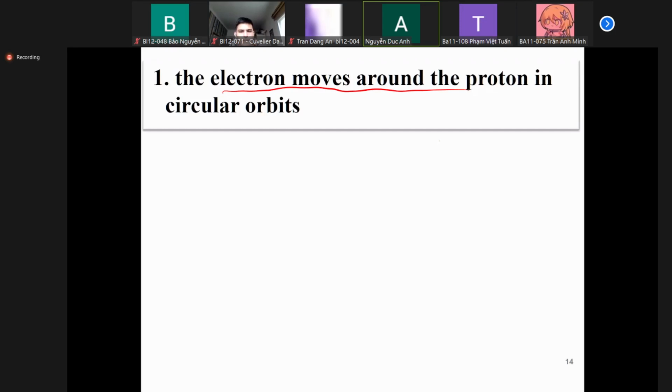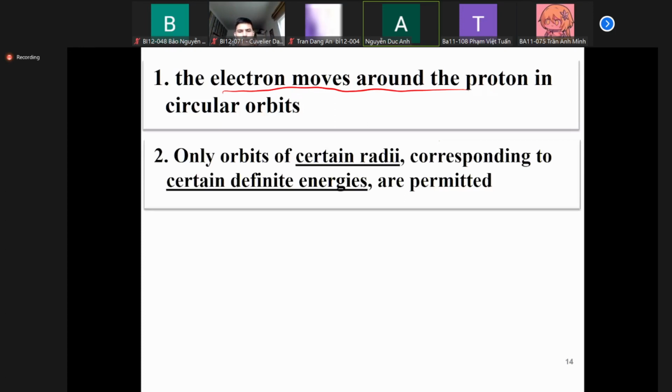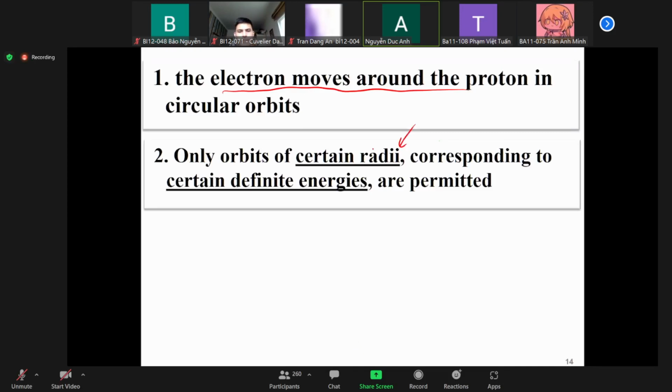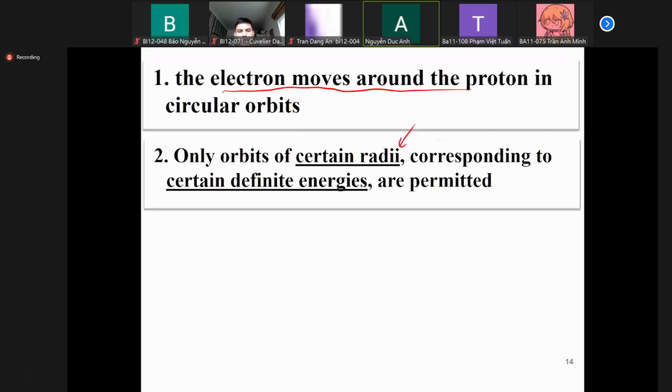But after that, he said the electron moves around the nucleus as a sphere with an identical distance, or the orbit will have a certain radius. So electrons move around the nucleus in a sphere, and that sphere will have a radius.